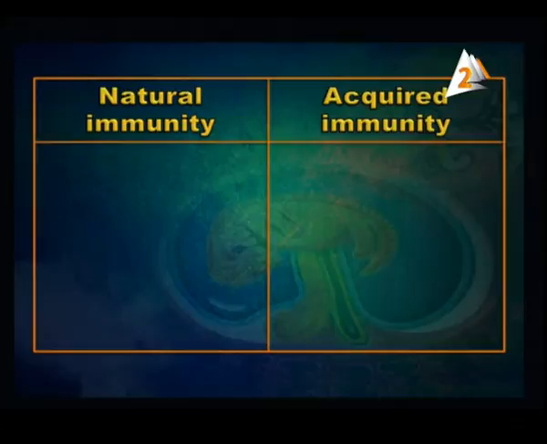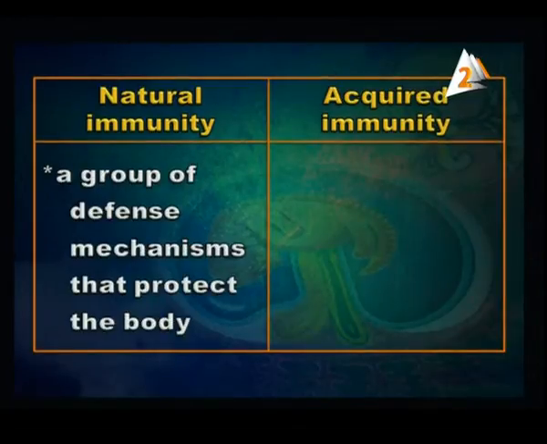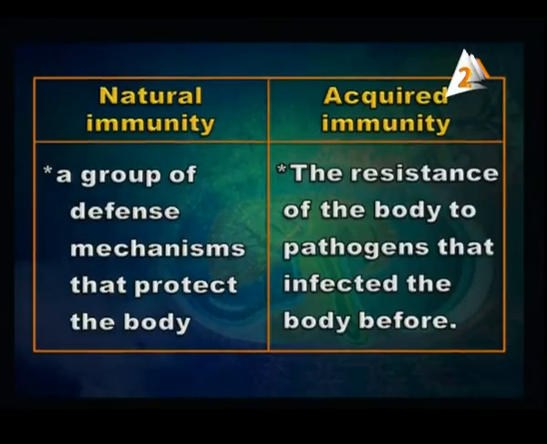Let's begin with the natural immunity and acquired immunity. The natural immunity is a group of defense mechanisms that protect the body, while the acquired immunity is the resistance of the body to pathogens that infected the body before.